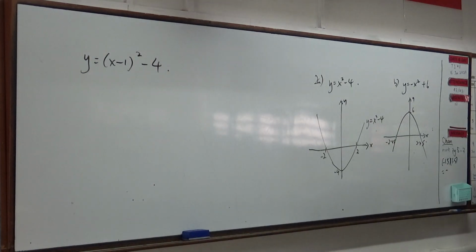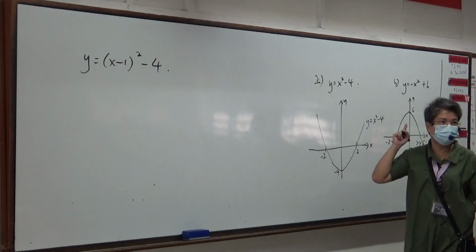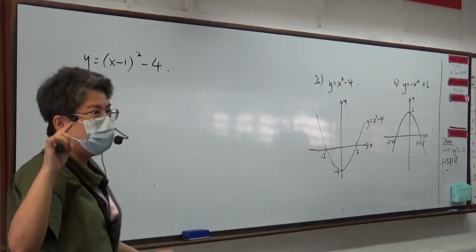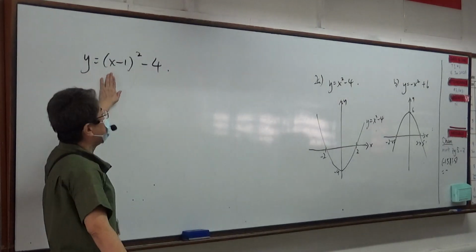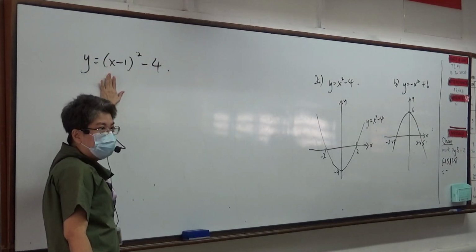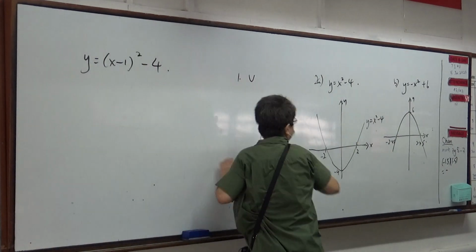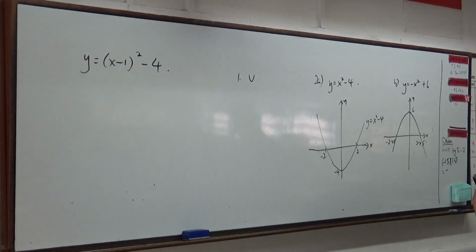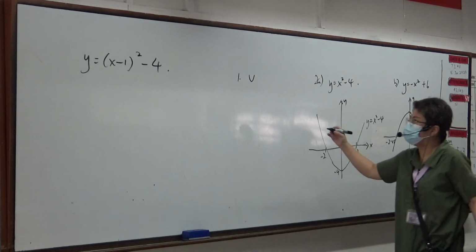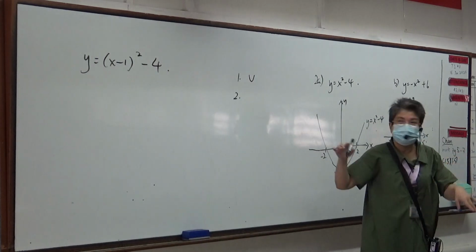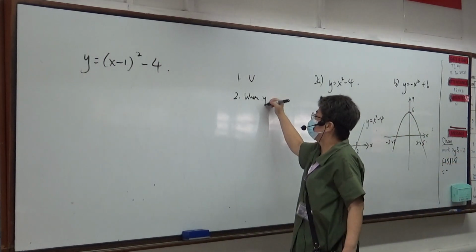Can you see that this is a positive curve? That means a U-shaped curve. The coefficient of x squared is 1. Can you see it? So first thing I decide: U-shape. Now, number 2. I must find the x-intercept, right? x-intercept is when y is 0.